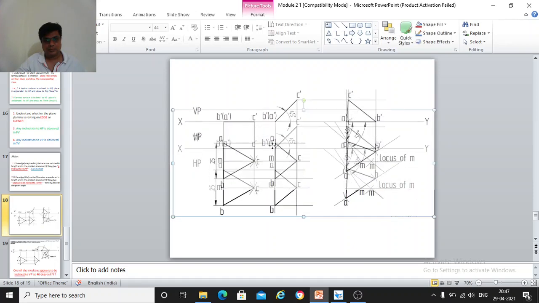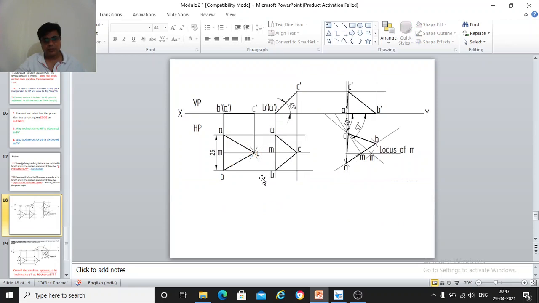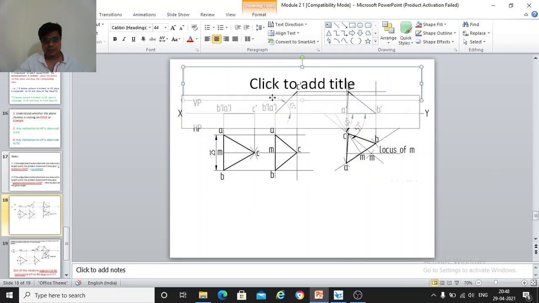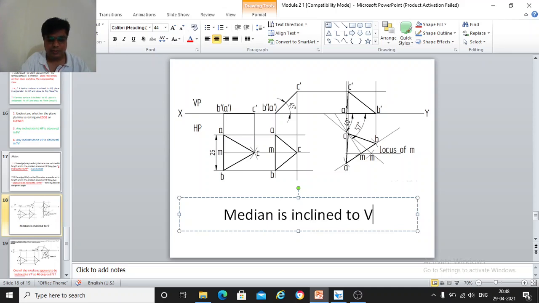So here, when the median is inclined to VP at some angle, you follow the locus method.